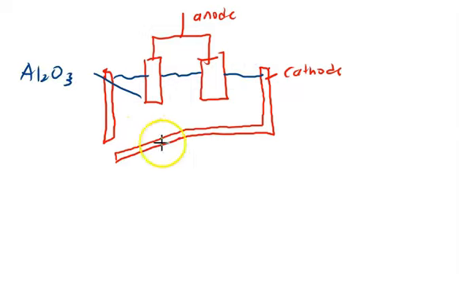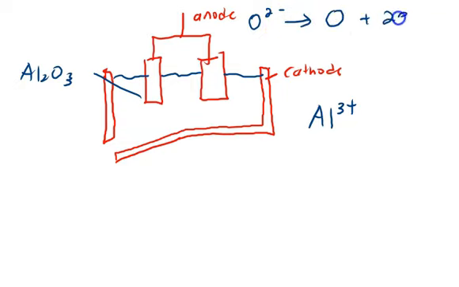So what happens over here? This is molten form. At the cathode, you have aluminium ions. At the anode, you will have oxide ions. The oxide ions will release electrons, and at the same time you will have oxygen.